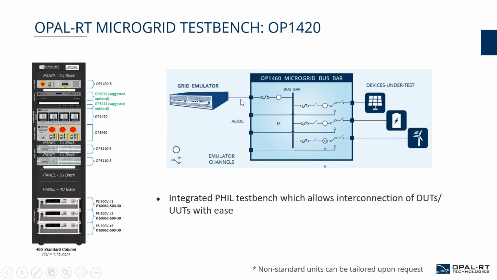On the other hand, you could also have, let's say, an emulated grid and an emulated wind turbine, for instance, also developed with the help of a power amplifier, and you can go about testing only your PV inverter, which is available in hardware. With the 1460 unit that is present in the OP-1420 cabinet, you are essentially capable of connecting up to 3 hardware equipment which you would want to test, and you can emulate either a grid or another DER that you would want to test with the system.